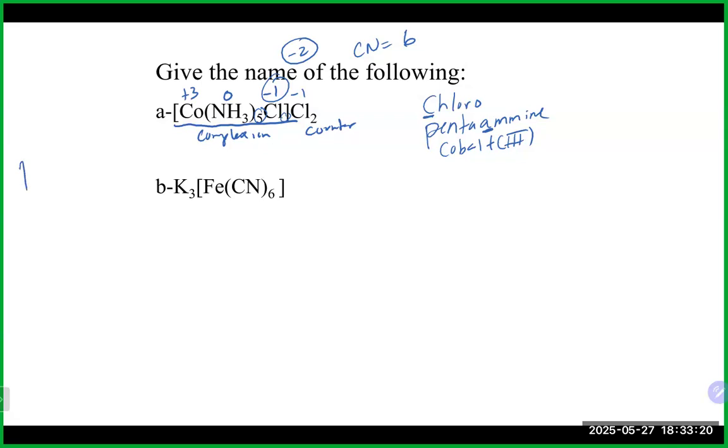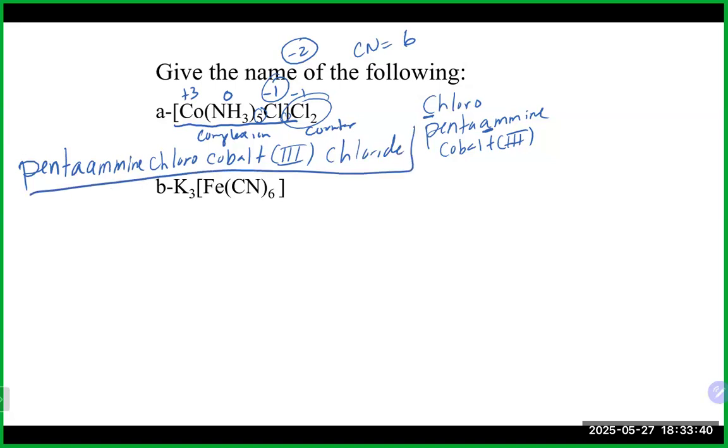So this will be pentaamminechloro. Again, we don't use mono here, so we just use chloro. Cobalt 3. And counter ion, even though there's 2 of them, will still be chloride in this case. Any questions on that name?